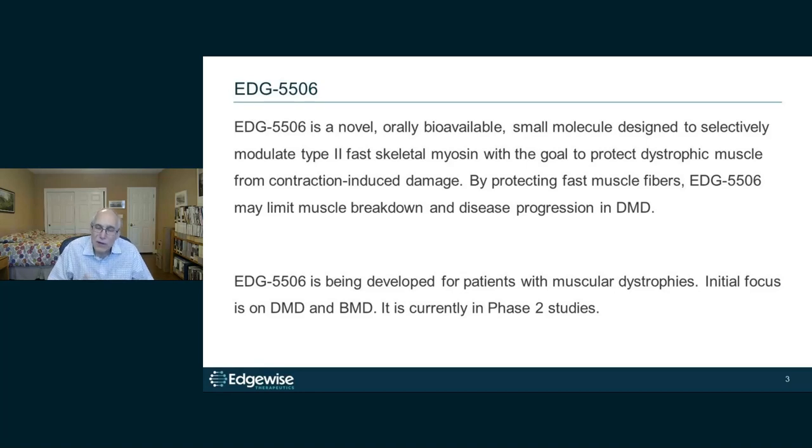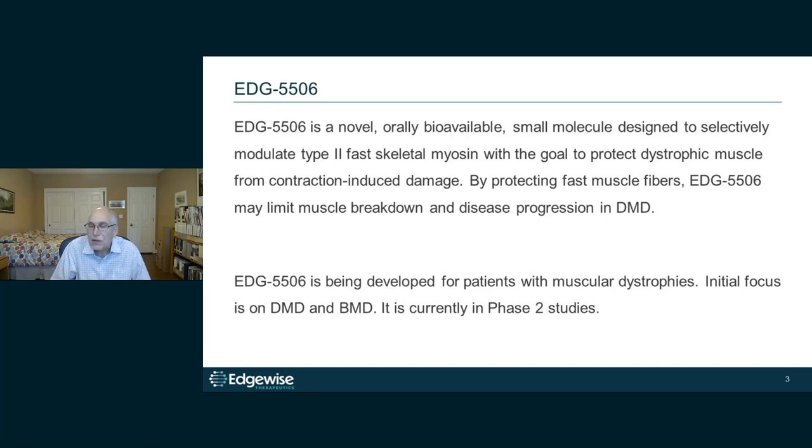And by protecting those fast muscle fibers, we're hoping, where this drug is in early clinical studies, we're in phase 2, that it limits muscle breakdown and disease progression, particularly in Duchenne's muscular dystrophy, but we're also investigating other forms of dystrophinopathies like limb-girdle and Becker's muscular dystrophy.